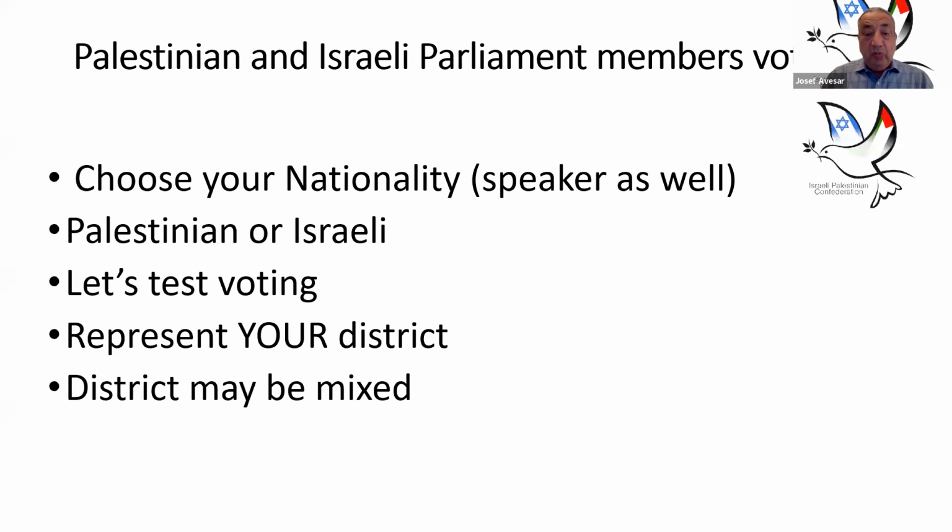We're trying to have as many options as possible in this discussion. So the Israeli Prime Minister, the Hamas leader, and the Palestinian Authority leader will be given the power to veto the legislation that we are passing.